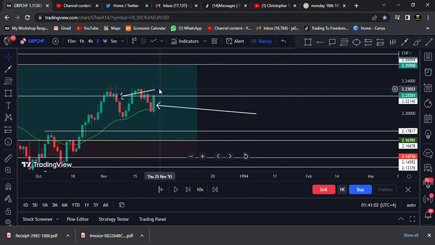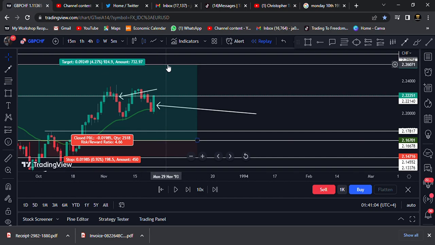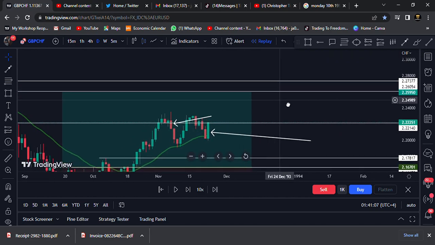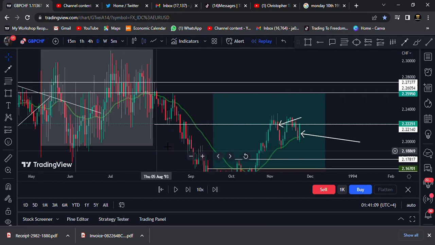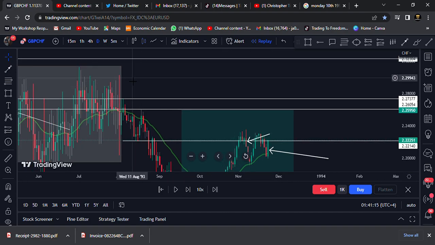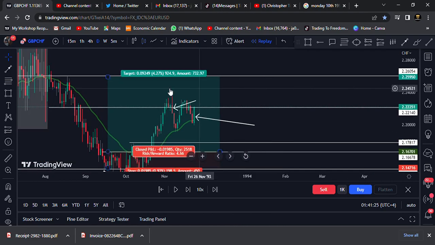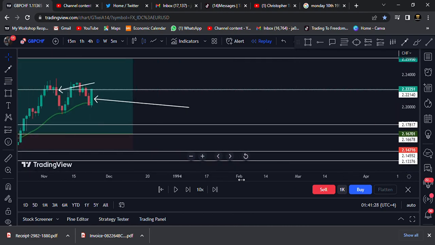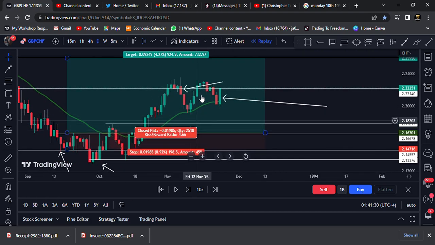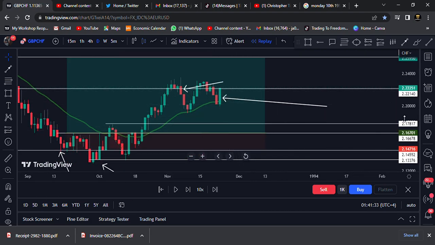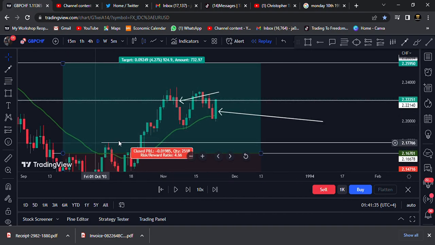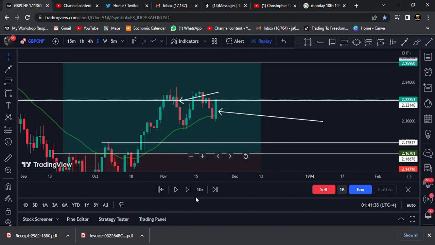So here I will re-enter, then I get out here again, then I look for other possibilities if price is going to continue to break this level, because now the next level we have is here. So I got out here, I'll re-enter here, but for those who held, you are still in profit.